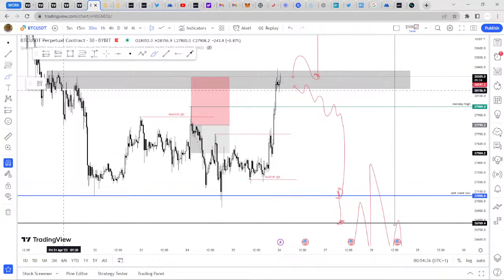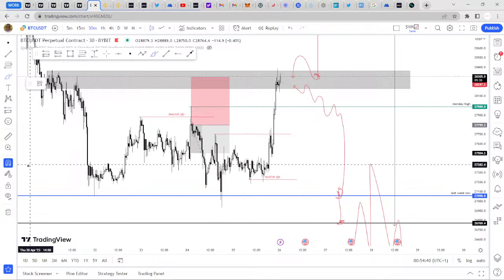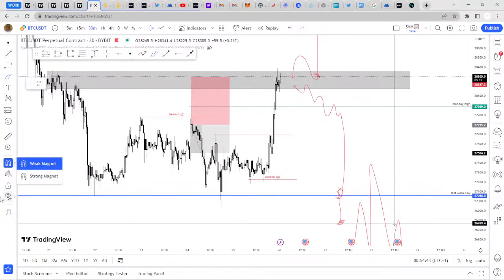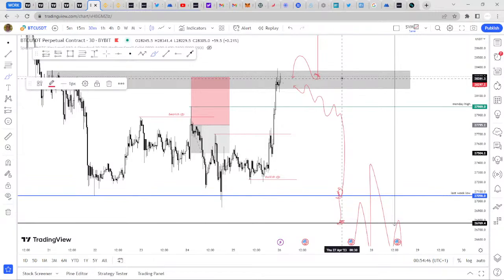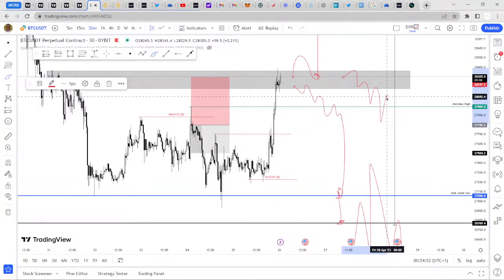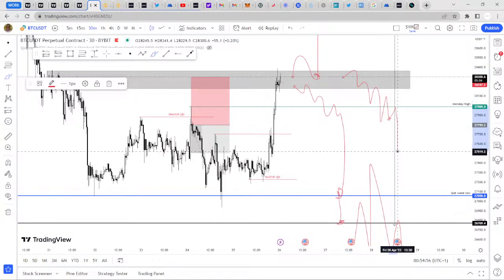So if it does reject from this box area, and does something like this, break back inside, do a fake out, break back below and do something like this.